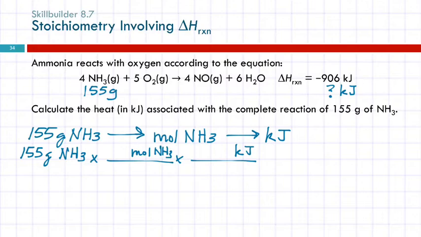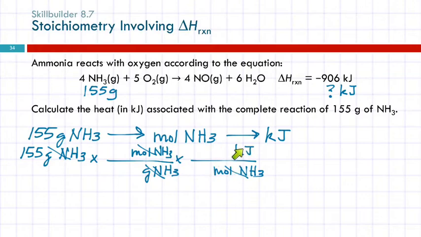I'm copying the path down in the numerator. I take this unit and put it in the denominator, grams of ammonia, so those cancel. And I'm going to put moles of ammonia down here, so those cancel. Now I need numbers.